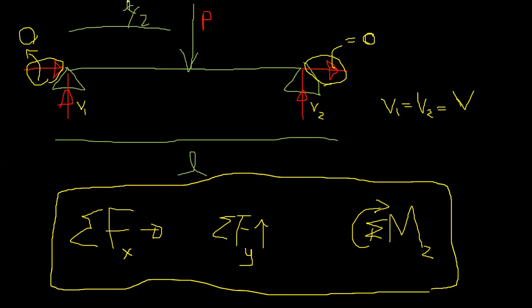You can write like this, right? If you consider the system, the available number of reactions are V1 and V2, right? We'll consider upward forces as positive, right? So we know V1 and V2 equal V, so V plus V, and P is in the negative direction, equals 0.